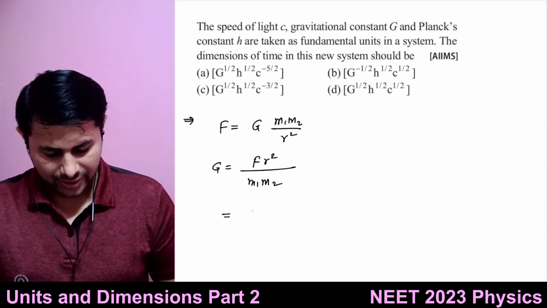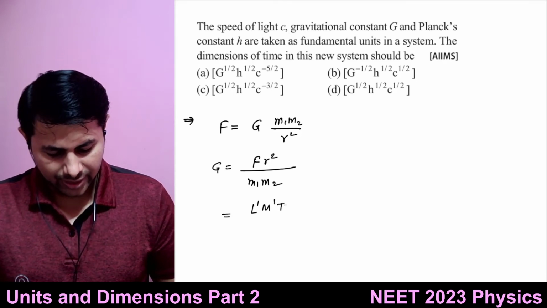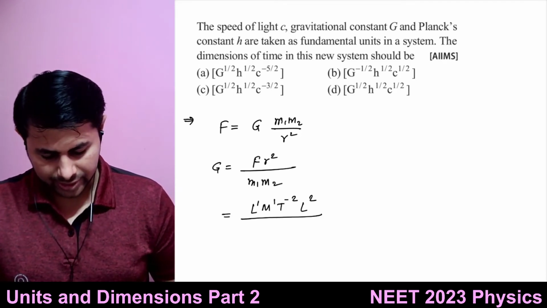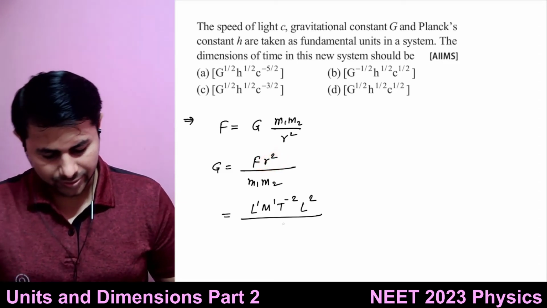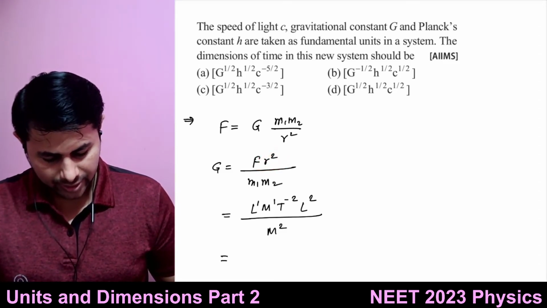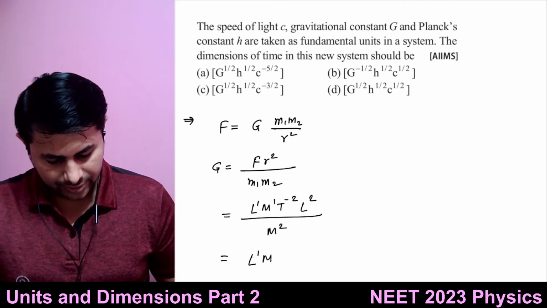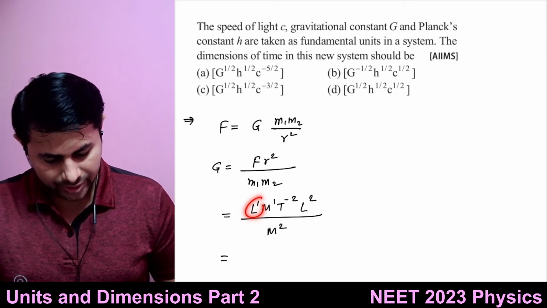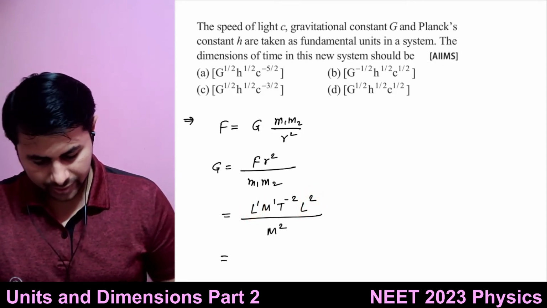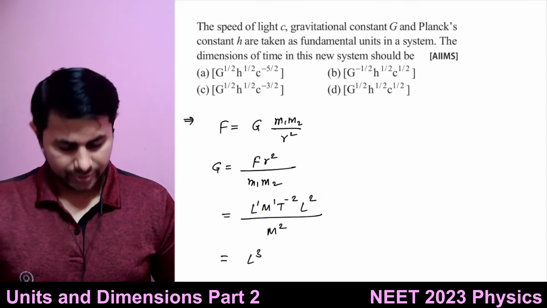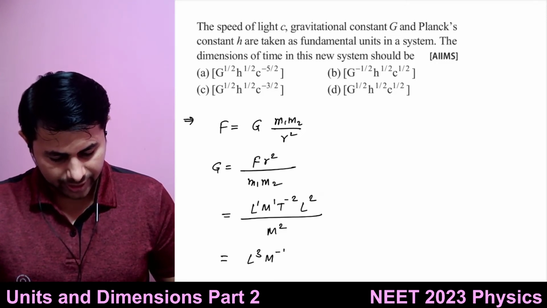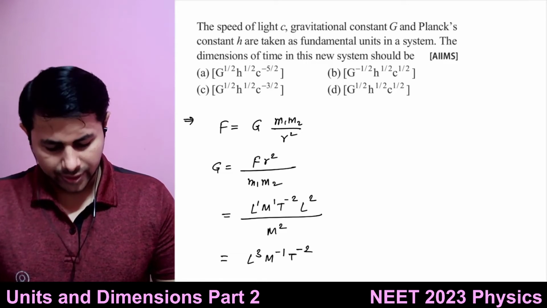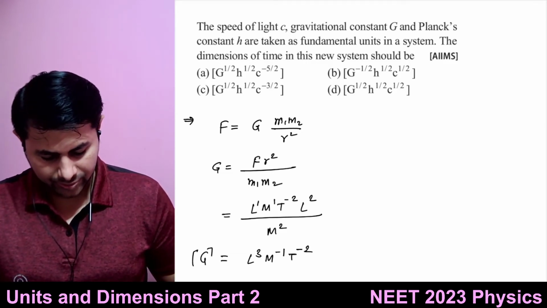So that is L1 M1 T raised to minus 2, times L to the power 2 from this R square, and M square in the denominator. So it is L cube M raised to minus 1 T raised to minus 2. Okay, so we got the dimensions of G.